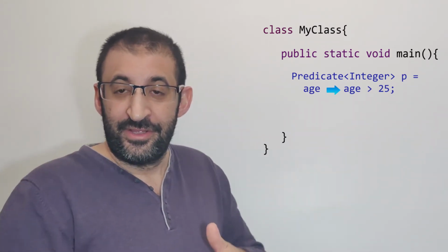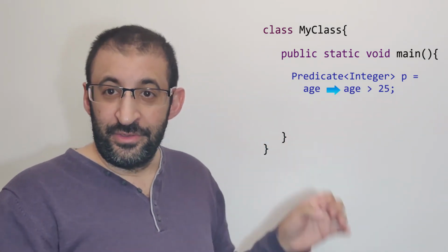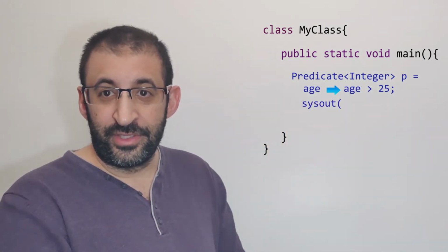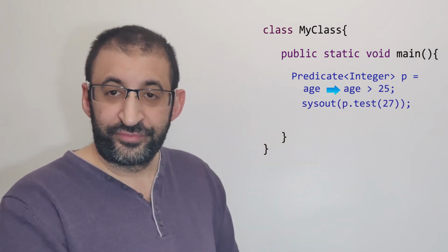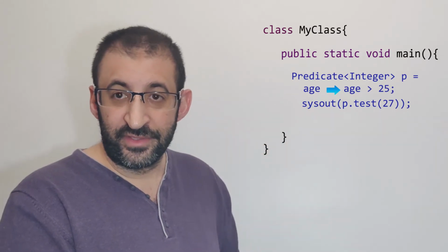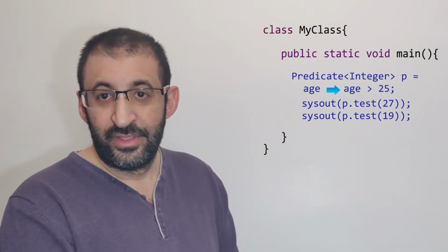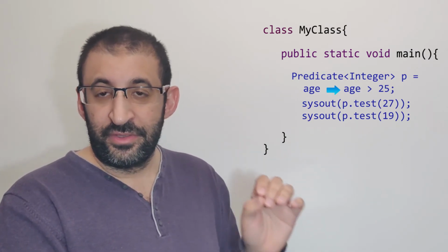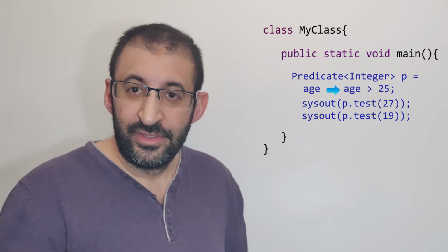Just like this. Now, how to check different values? Let's continue. System.out.println p.test(27). Another one, System.out.println p.test(19).